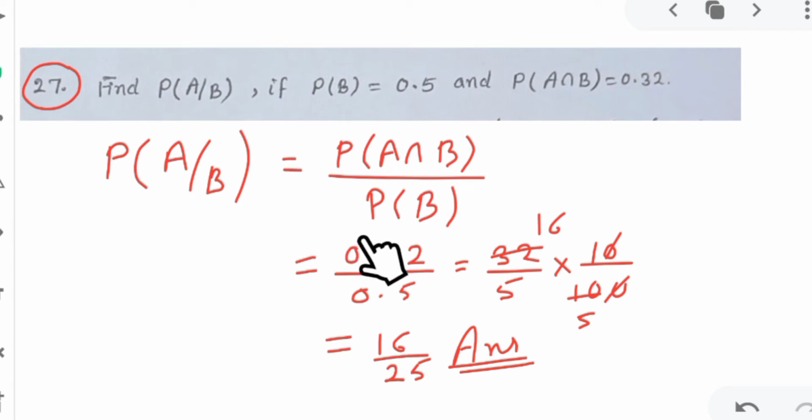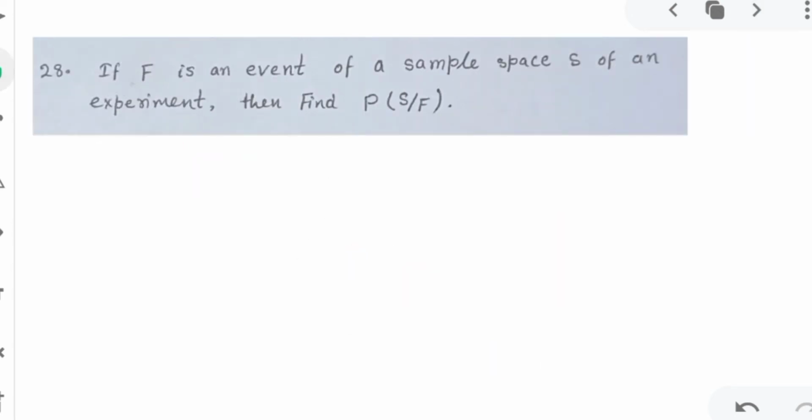Okay, so this was a simple question. Moving to the next question, the 28th one. The question is: if F is an event and S is the sample space, we have to find probability of S/F.